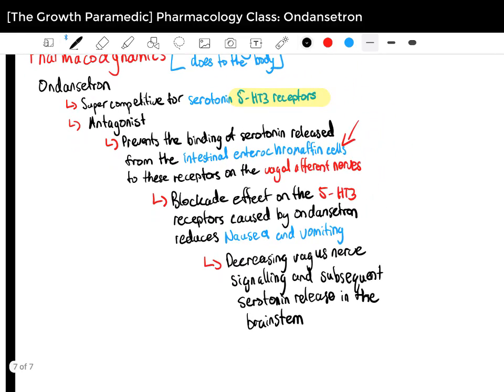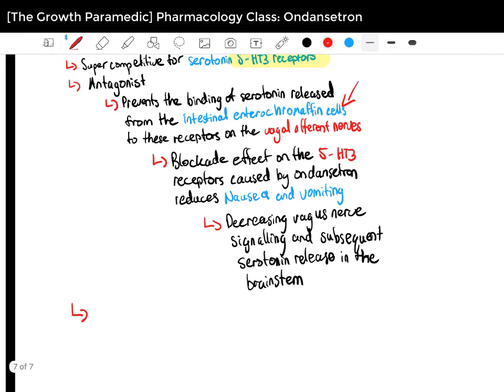But why do we need to know about serotonin release, and why is that relevant to ondansetron's blocking effect on the serotonin receptors? Well, good point. You make a very good point there, even though I might be just asking that to myself. But these are the questions you should ask.